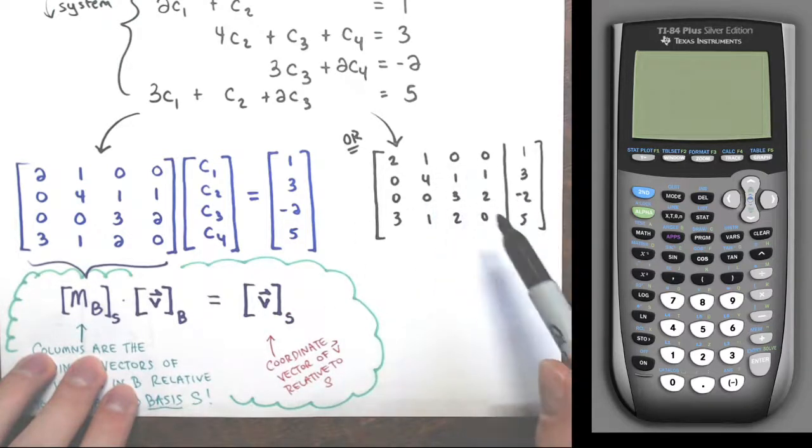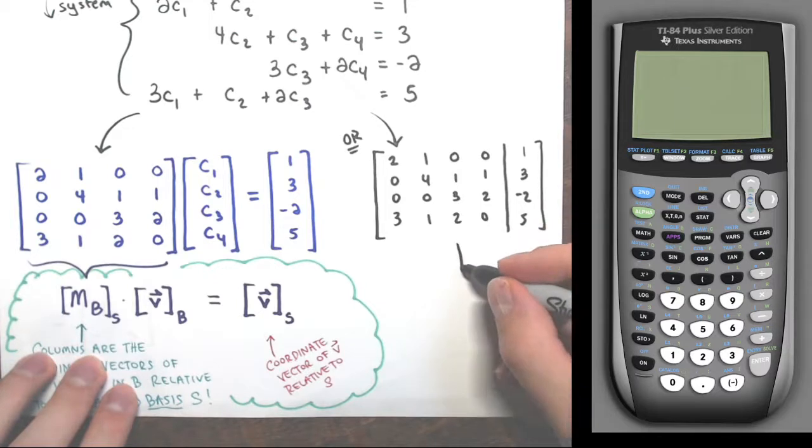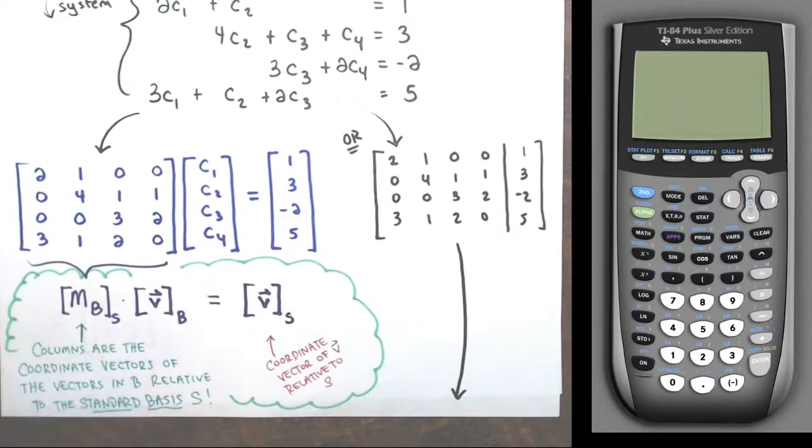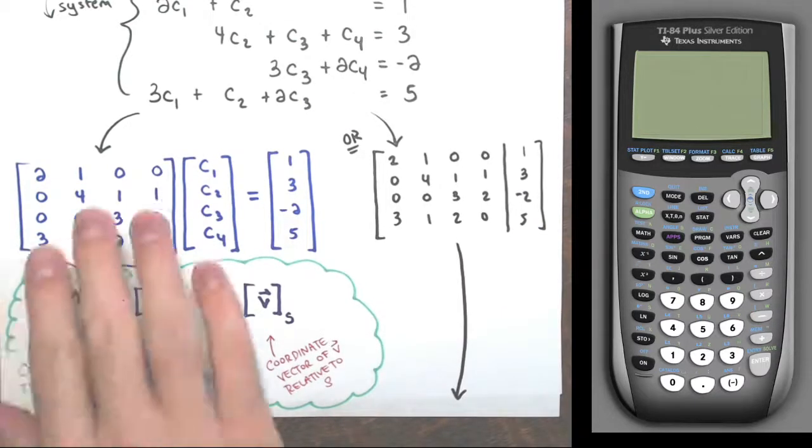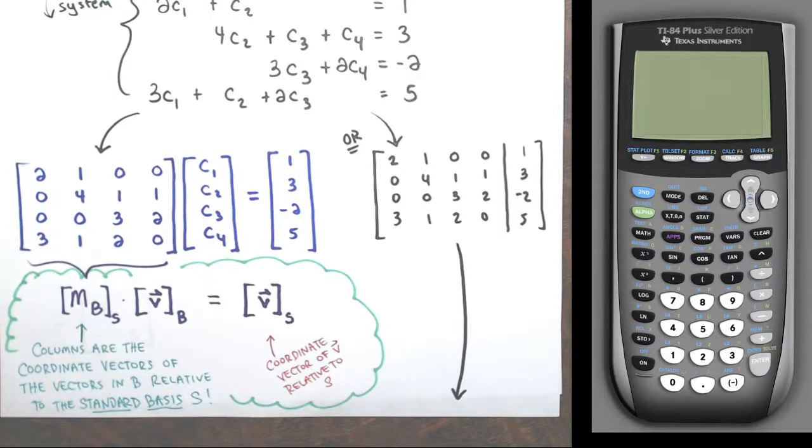Or I'll do this on the next page, because I've got the calculator up already. Finding inverses and multiplying by inverses takes extra steps, and I personally don't like doing that as much. Let's put this in reduced row echelon form.